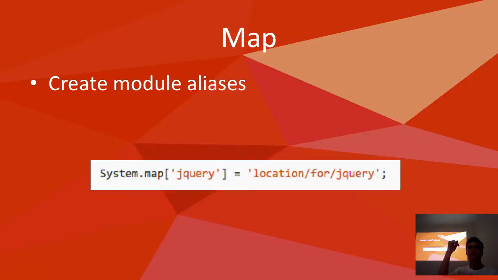With JSPM.io, those remote modules are sent to JSPM.io, and it goes to GitHub or NPM, loads the module and sends you the module. Or it's a local module of your project. And there is a path feature, but I don't list that there because it's not in the spec, but it's implemented in the Polyfill project. So it's not a SystemJS feature.